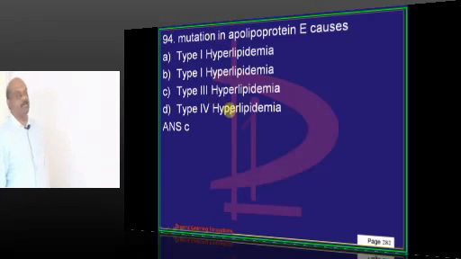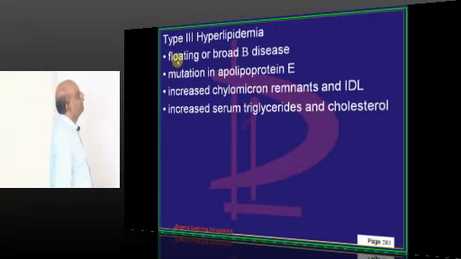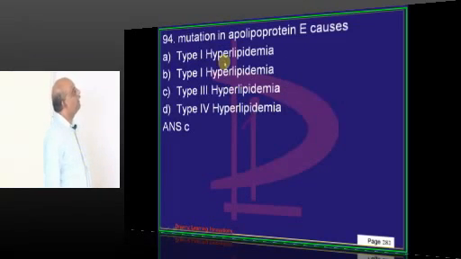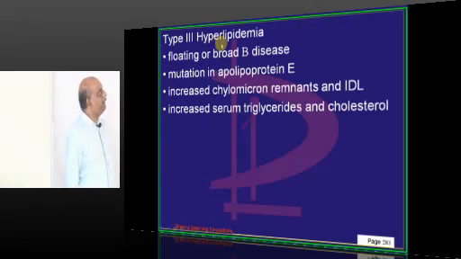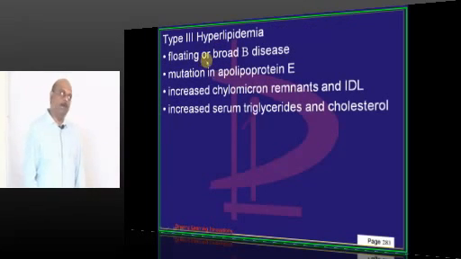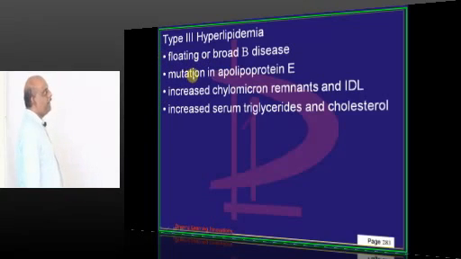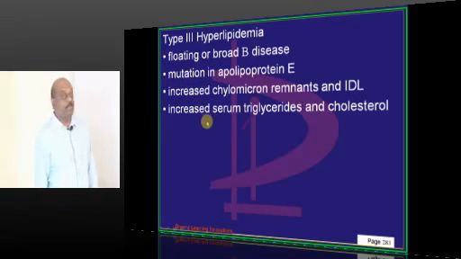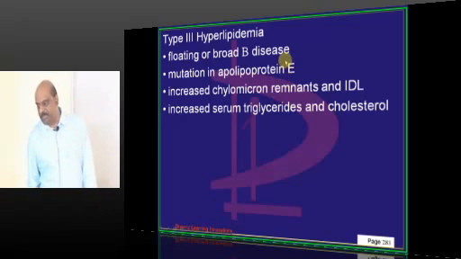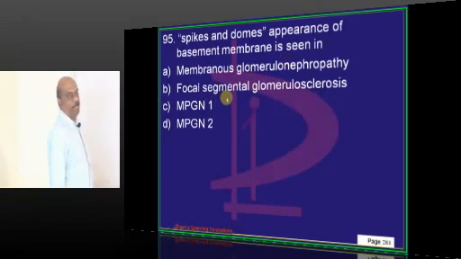Apolipoprotein E is the one implicated in type 3 hyperlipidemia. It is also called Broad beta disease, apolipoprotein E deficiency, and that will increase the chylomicron remnants and IDL and increase the serum triglyceride is what you need to remember.